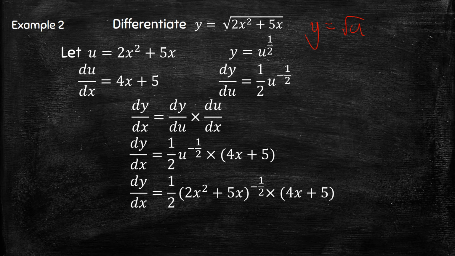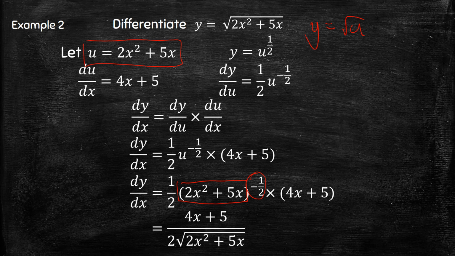Substitute back in. So all we're doing is putting our u, which is here, back into our equation. Just tidy it up a little bit. Now what happens here is that this to the power of negative a half takes it back down to the bottom line, and to the power of a half makes it the square root of.